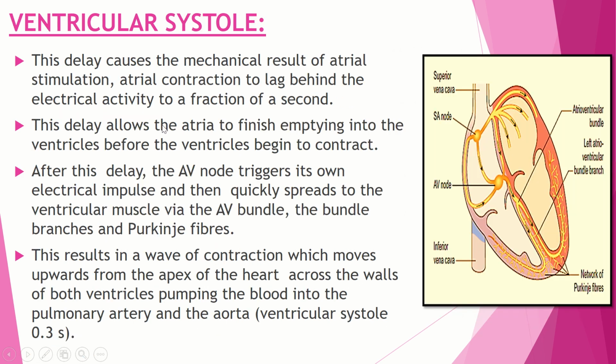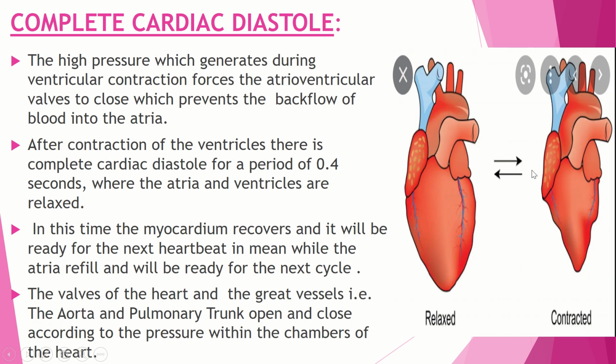Here you can see these atrioventricular valves; if they are closed, the blood won't flow back to the atrium. These valves are closed when the ventricles are contracted. After contraction of the ventricles, there is a complete cardiac diastole.